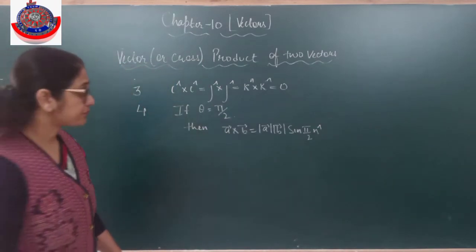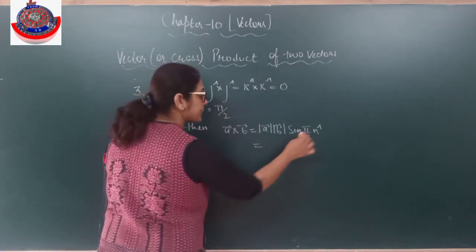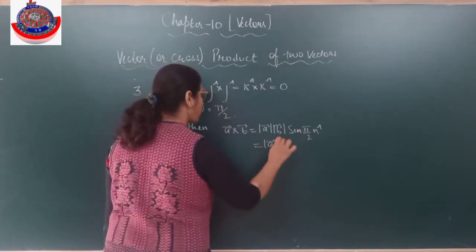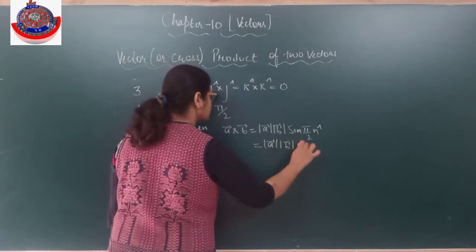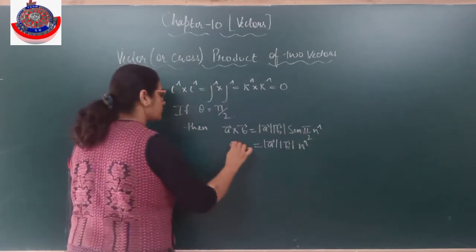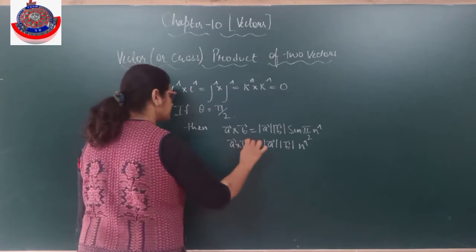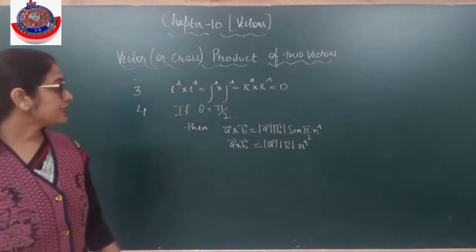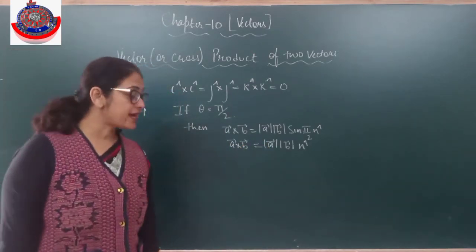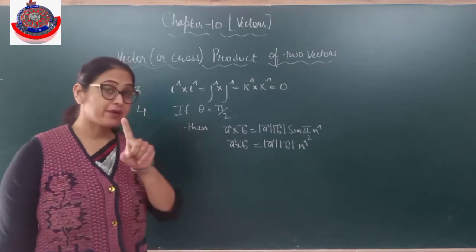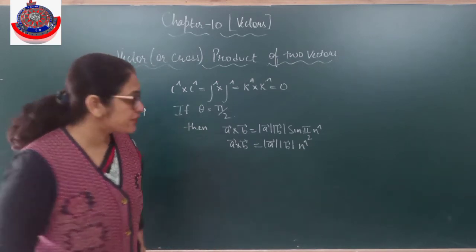That means sin pi by 2 is 1. Clear? Then A vector cross B vector is magnitude of A into magnitude of B into n cap. Now from this, we are going to find a very important result.